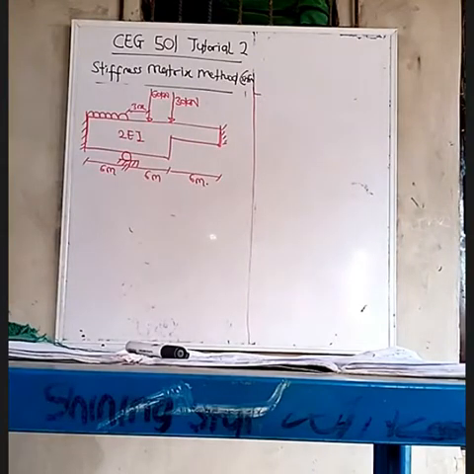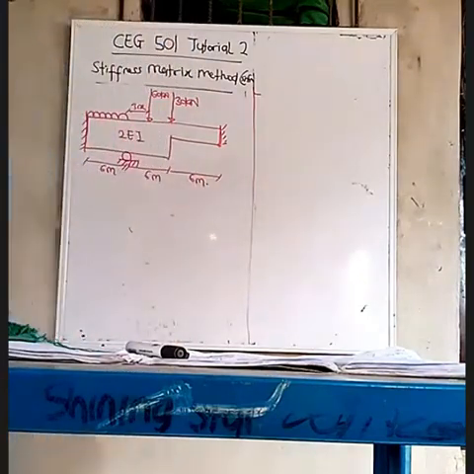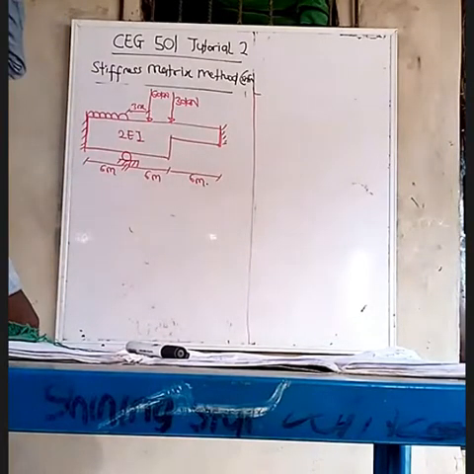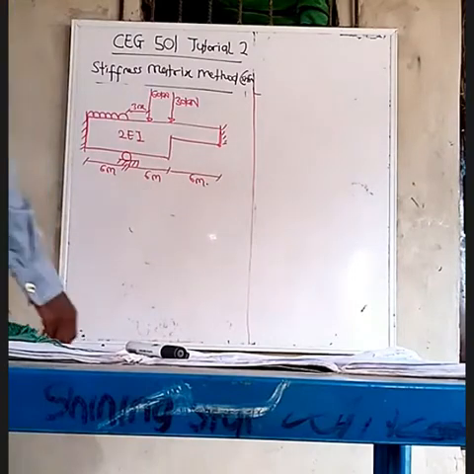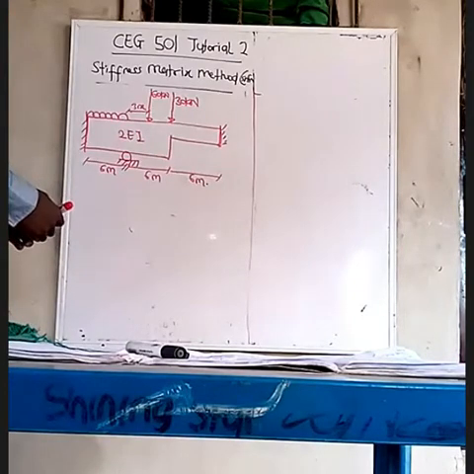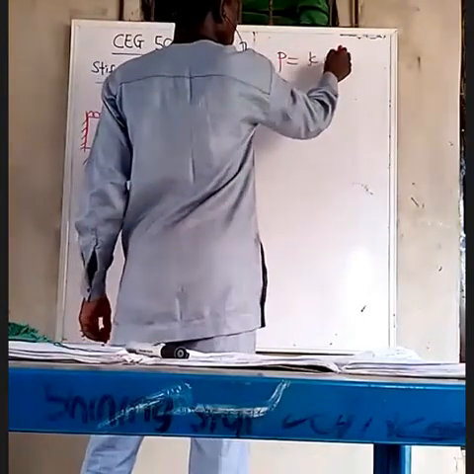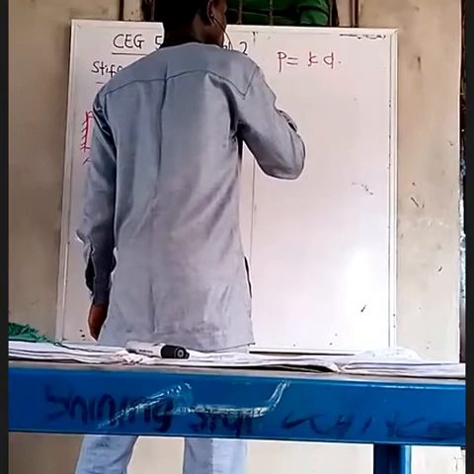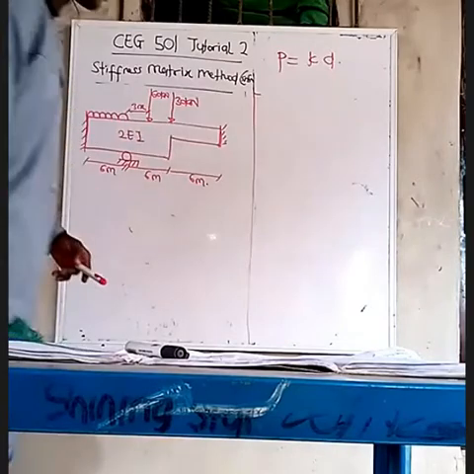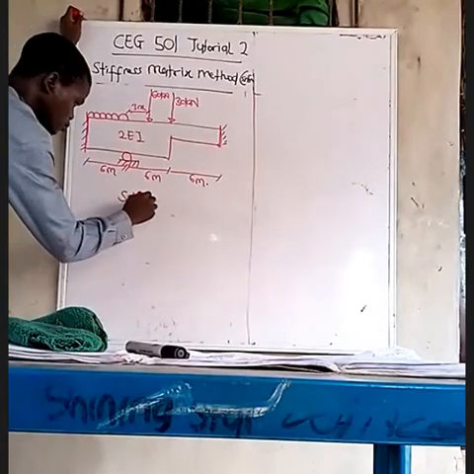Yes. Are we still here? Yes. So we are told to solve this. What we want to do is to solve this completely, obtain the reactions and the necessary things that we want to obtain. To be able to do this, we know that our fundamental equation is P equals KD. But because in trying to solve our equation, I will explain it as we move on. So, solution.